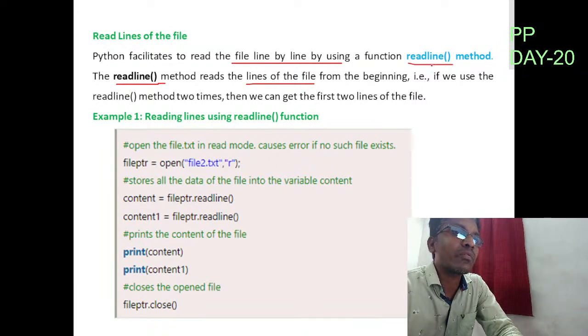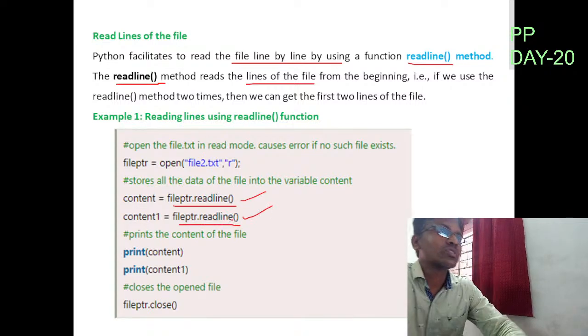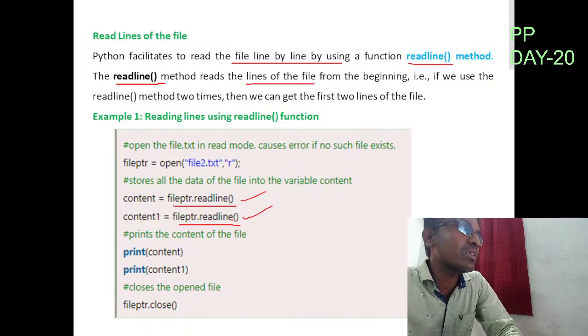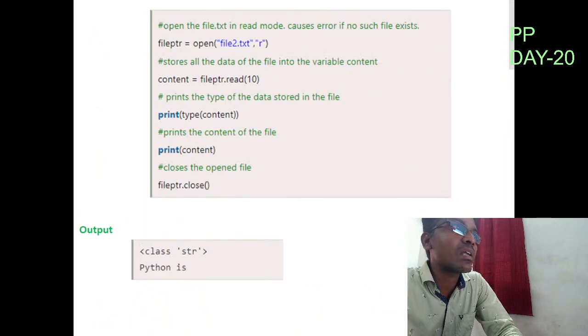If you want to read the first line in a file, you use readline, and if you want to read the second line, you again call the readline method. In this example, for reading the first line I use readline, and for the second line I use the readline function again. If you want to read multiple lines, you have to call readline multiple times.